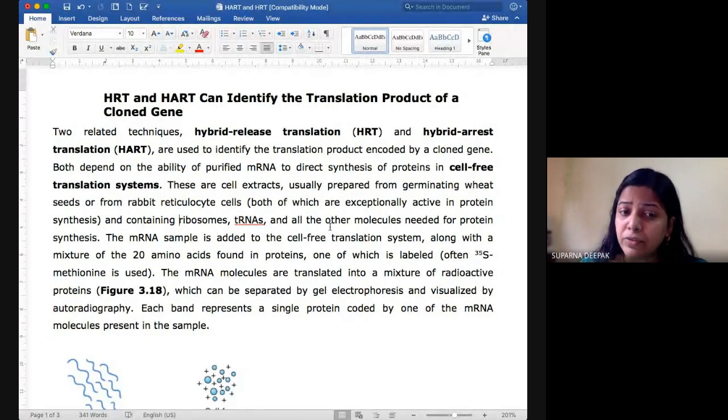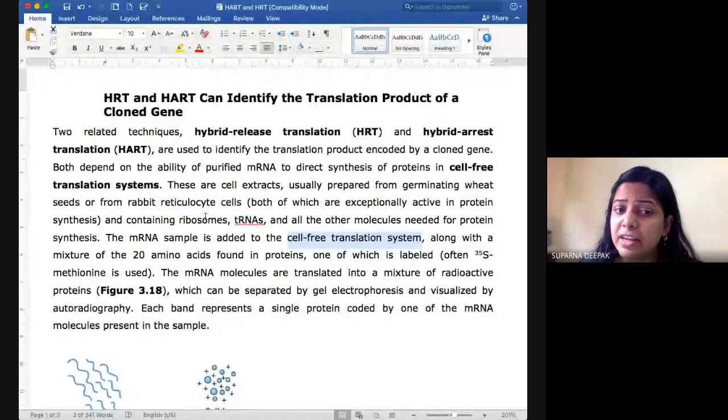What we will be doing is, from the recombinant cells that we want to check for whether they are capable of producing our proteins or not, the mRNA would be extracted, and those mRNAs are going to be added into this cell-free translation system.